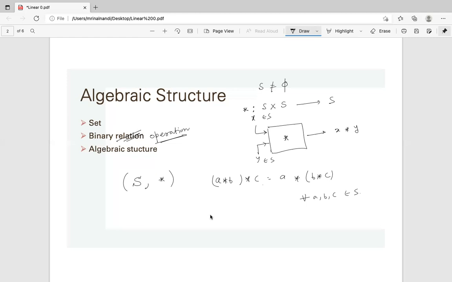After that we have another property, called existence of identity. This identity may or may not exist. Say E is an element such that E star A is equal to A star E, which is equal to A, for all A. Then E is called the identity element.